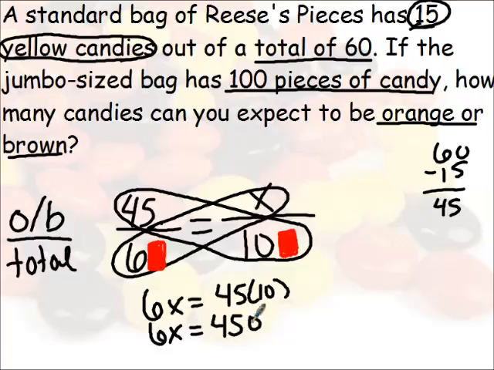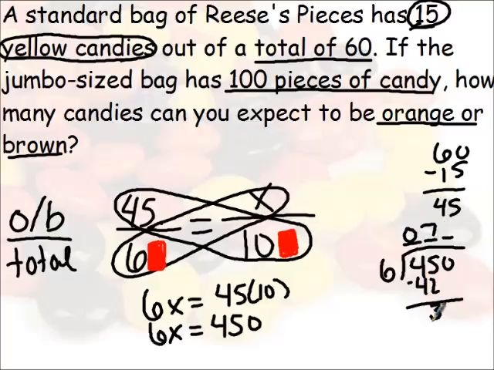So we'll divide here by 6. 450 divided by 6. 6 will go into 45 7 times, which is 42. 6 will go into 30 5 times, with no remainder.